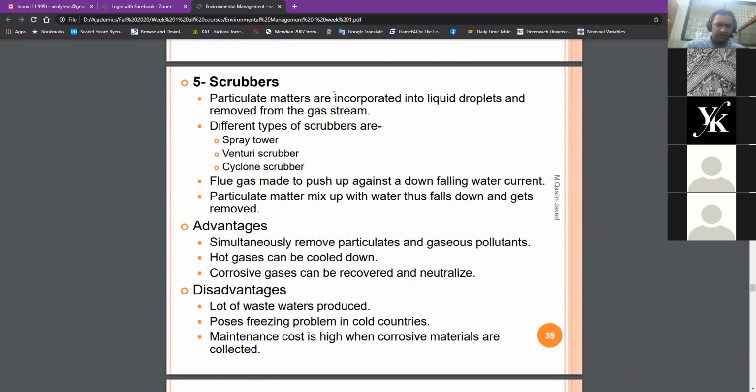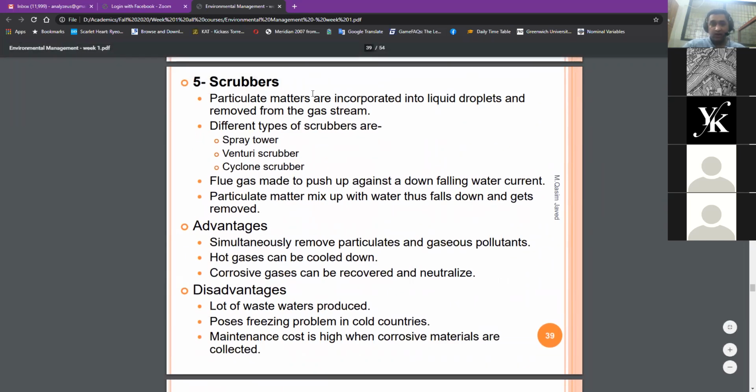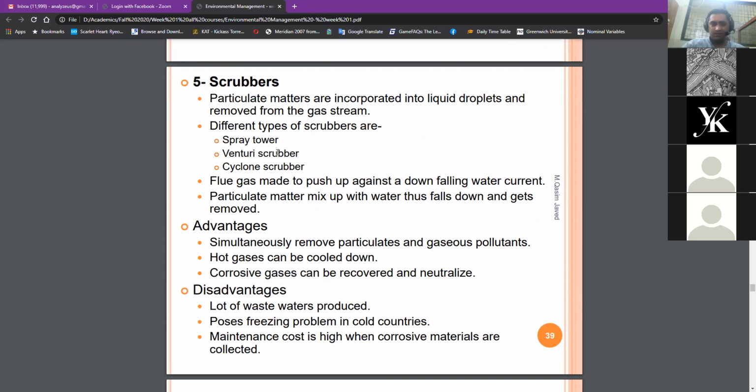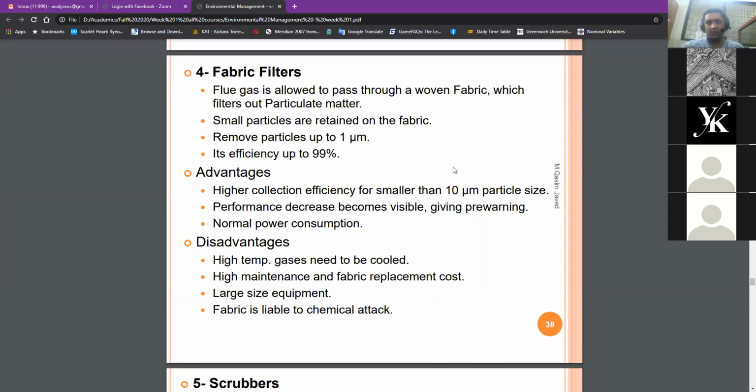And one of the last systems here is the scrubber. Please note that right now we are talking about some basic systems. We are not talking about some specific machine or some specific technology. Because if we are talking about the fabric filter, it is not one system, it is one kind of technology which a number of companies may be using. They might have a number of filters and machines available which use this technology.